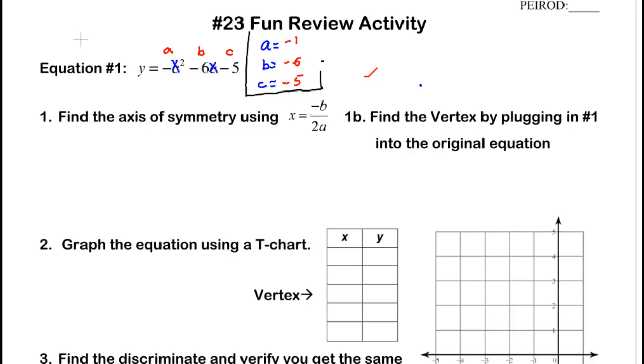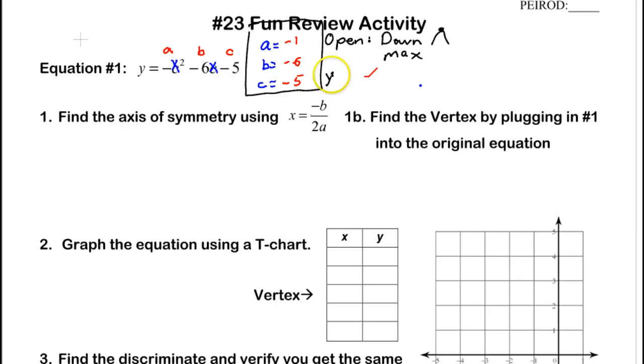So we have that. Alright, now, given that this is -1, what direction does this open? Up or down? Down. Yeah. So we know that's going to open down. So before we start graphing anything, we already know it's going to be opening down. Is this vertex in the middle going to be a min or a max? That's a max. It's at the top. So we also know that it's going to be a max. All right.